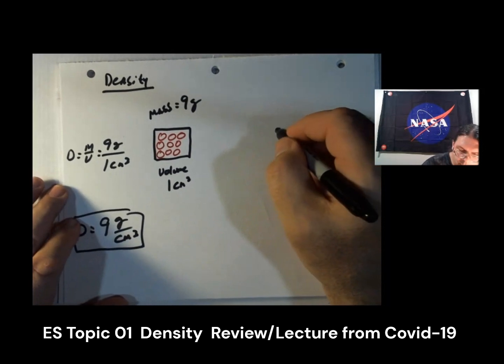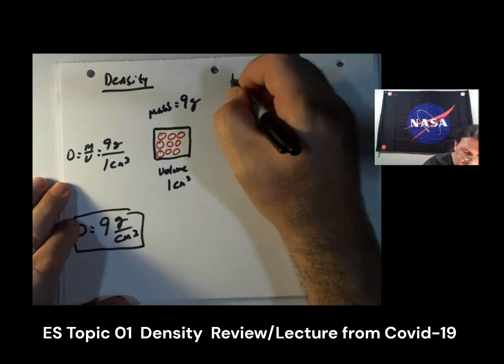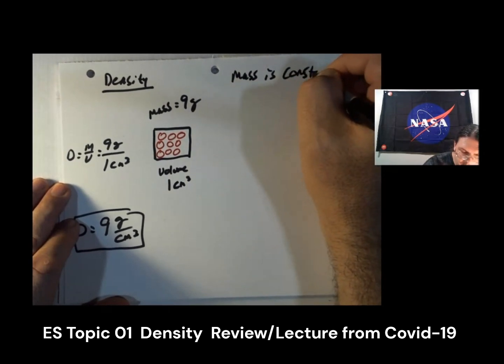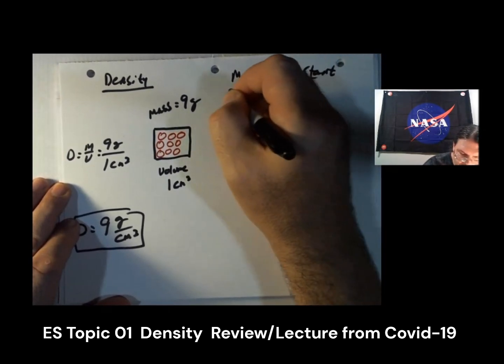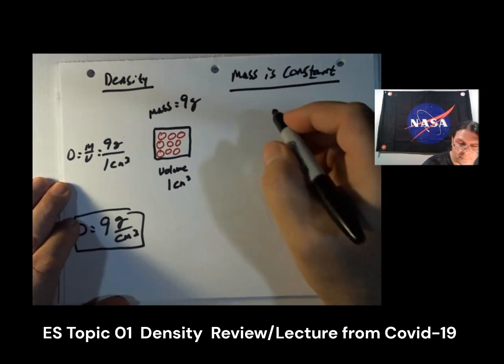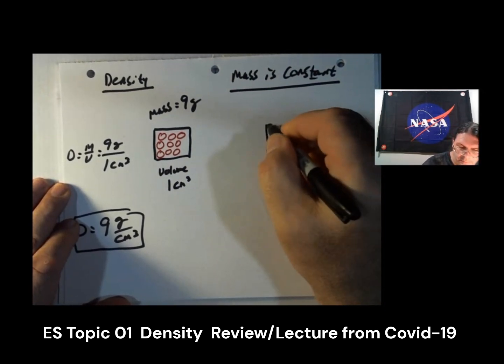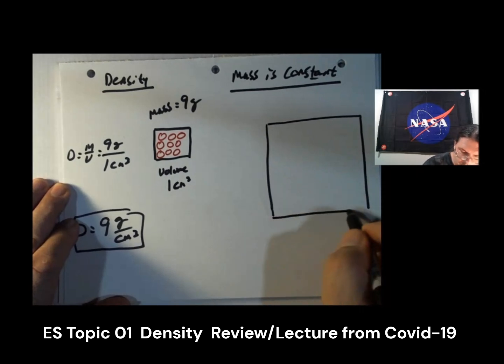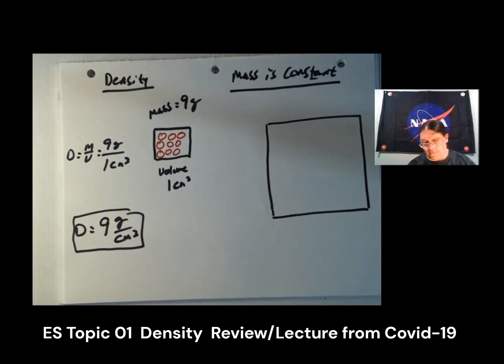Now, remember, mass is constant, unchanging. So now I go to a new volume. And my atoms have an enormous amount of room to spread out in.